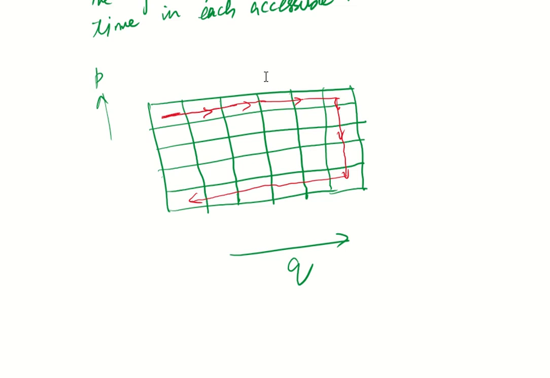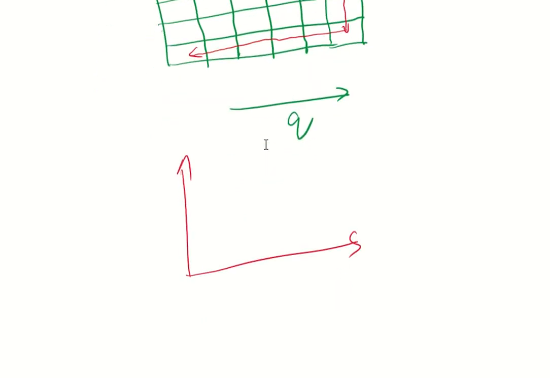So I draw it. We have another space in which the particle is moving, say for example, coordinate space t and x, and then it has some random movements.